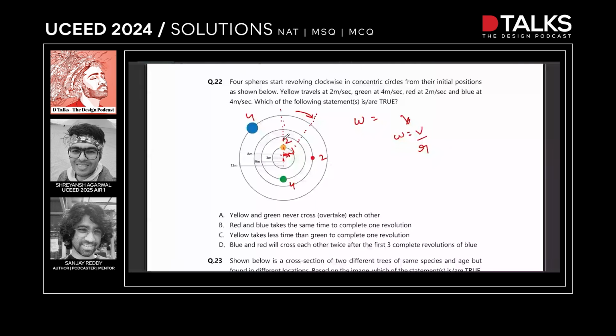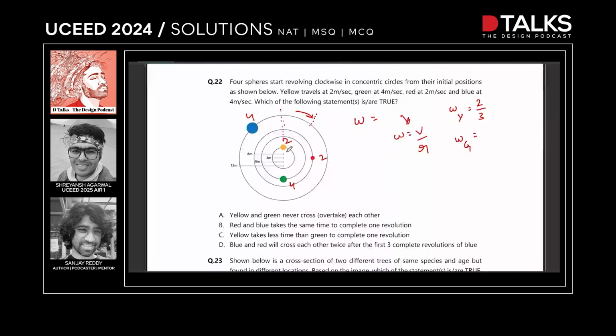Okay, so that means omega of yellow is equal to 2 divided by r, which is 3. It's 2 by 3. Omega is the angular velocity. So that's just the physics term. That's why I'm just used to using that.